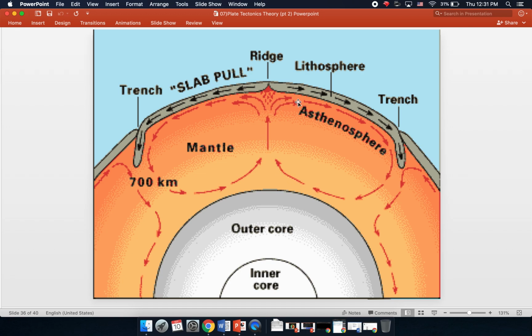Now here, as this magma is pulling on the plate, it actually cools off some. It becomes cooler than the rising magma. Now remember, all of this magma is super hot. It's just that some of it is hotter than other parts of it. So when I'm saying warmer or cooler, or hotter and cooler, it's relative. It's all really hot, but some of it's hotter than other parts.